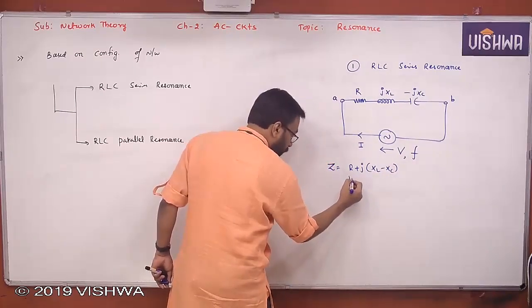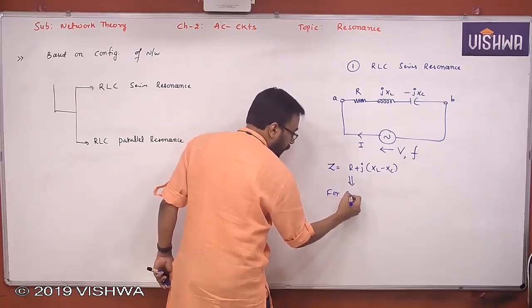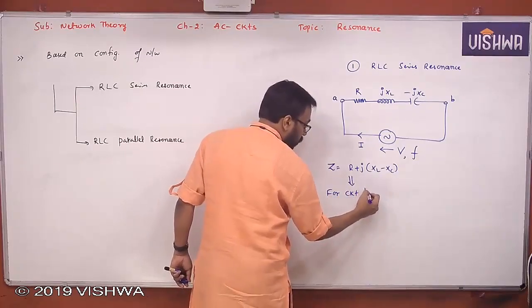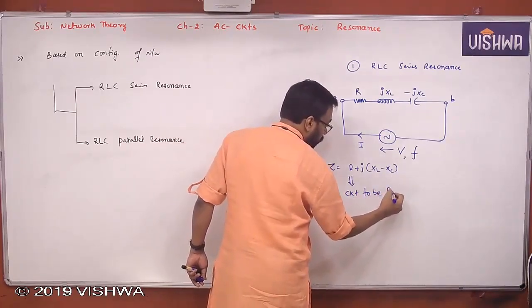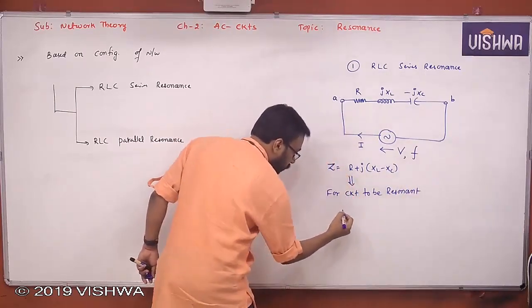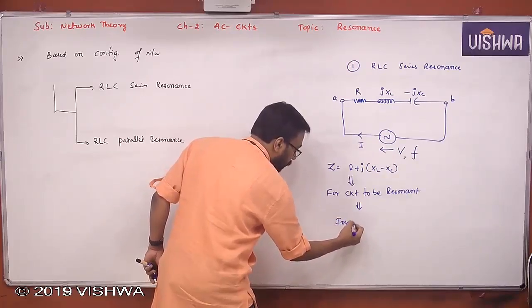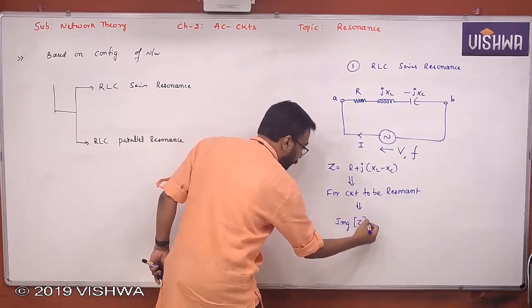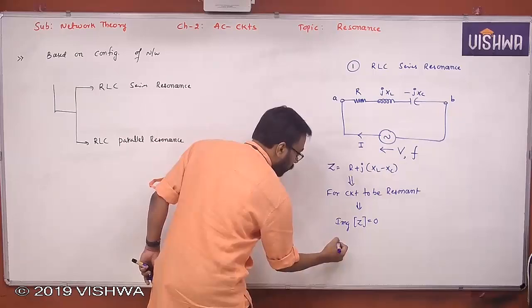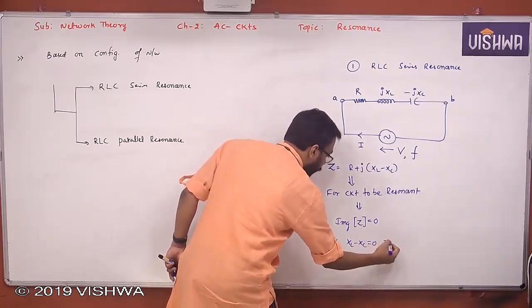For the circuit to be resonant, definitely the imaginary part of impedance must become 0. Therefore, XL minus XC is equal to 0.